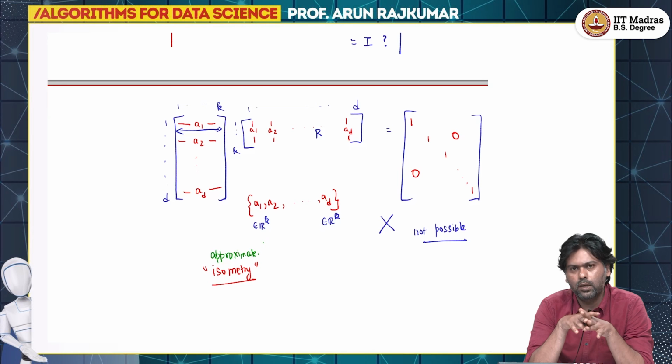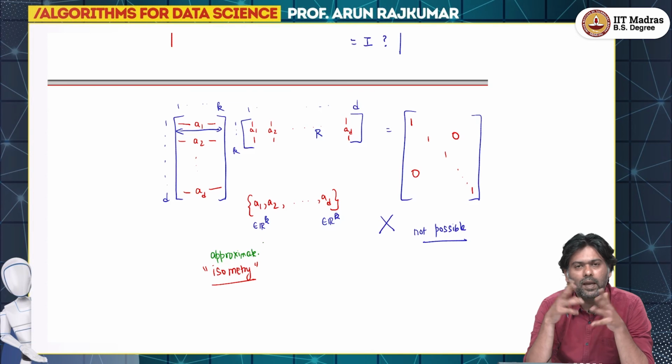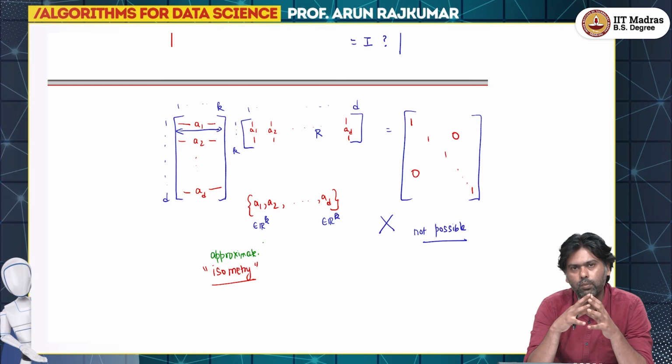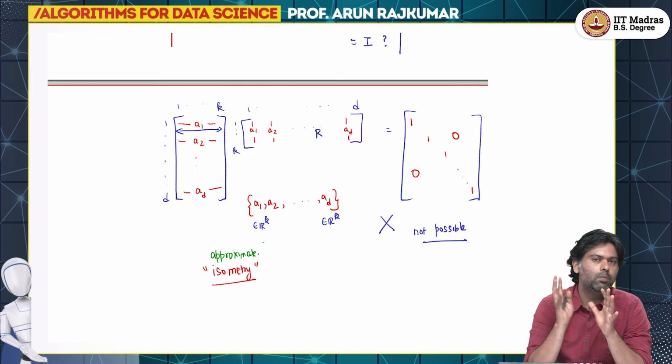The second thing that the JL Lemma is also guaranteeing is, well, I am not going to say that this is going to work for the entire d-dimensional space. I only care about the n vectors that are given to me. These n vectors can be any vectors.